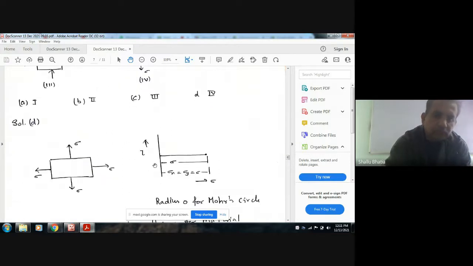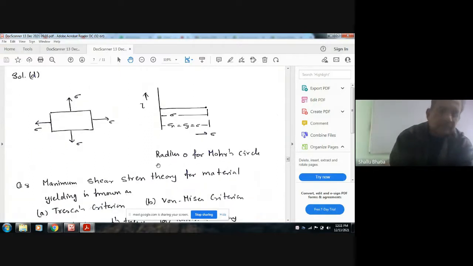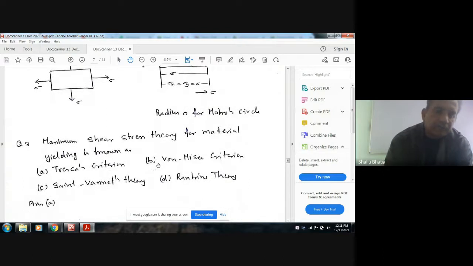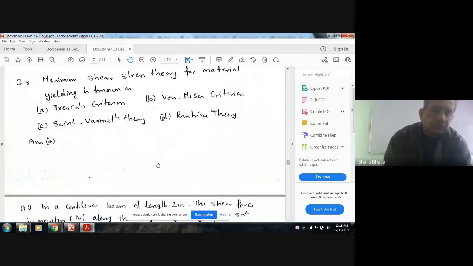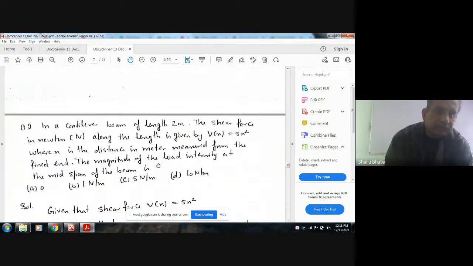We have solved that 2 or 3 times. It is asked in each and every exam of solid mechanics. Next, the maximum shear stress theory for material yielding is known as Tresca's criterion. Okay, maximum shear stress.